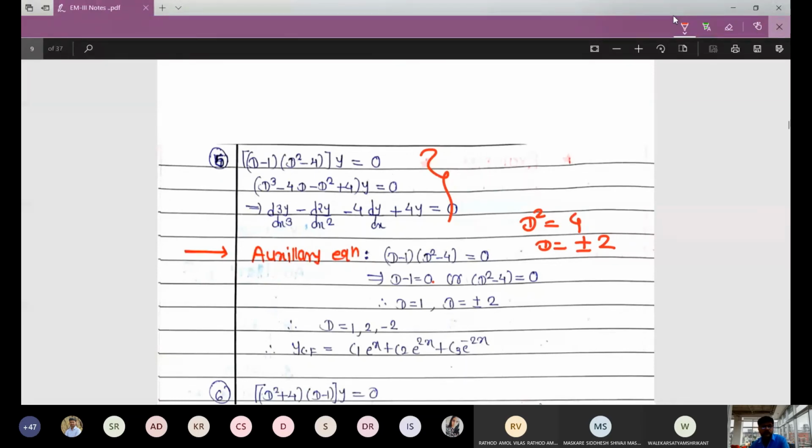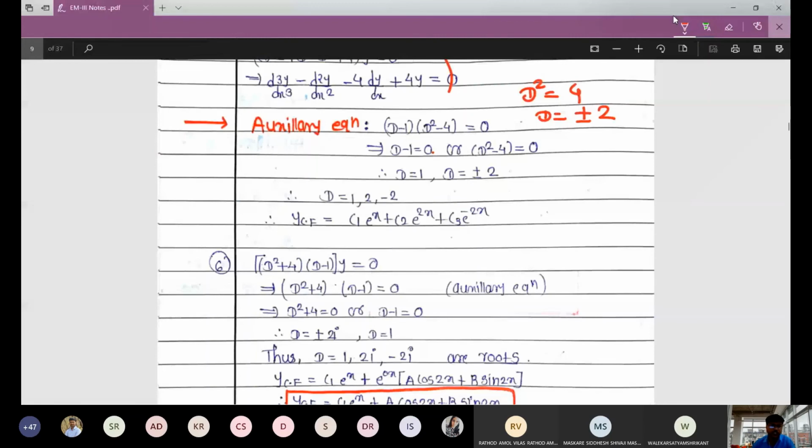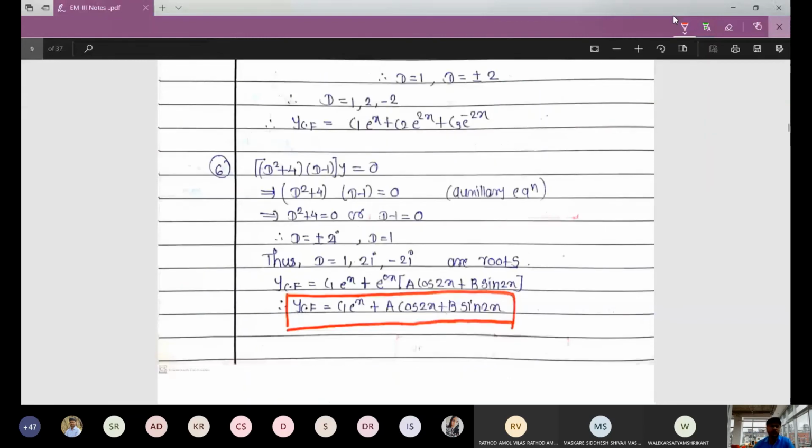Now come to example number 6: (D square plus 4)(D minus 1) y equal to 0. Again the process is the same: auxiliary equation, roots, and depending upon the nature of the roots you write the solution. So from this factor we have D minus 1 equal to 0, and D square plus 4 equal to 0.